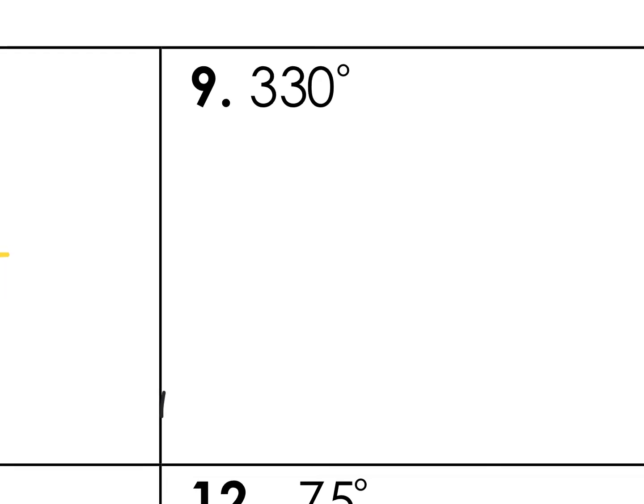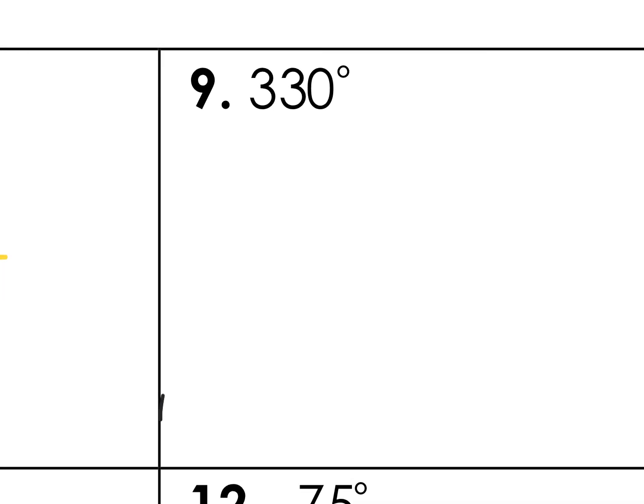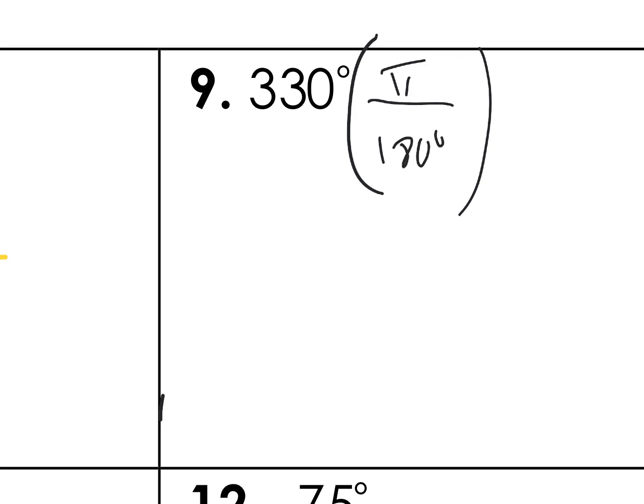Wait, no. Okay. Let's do 330 degrees. To turn that into radians, I multiply this by pi over 180. And remember, I wanted the degrees to cancel because we're turning it into radians. So that does cancel those degrees. I'm now left with 330 pi over 180. And don't do what Adam said.